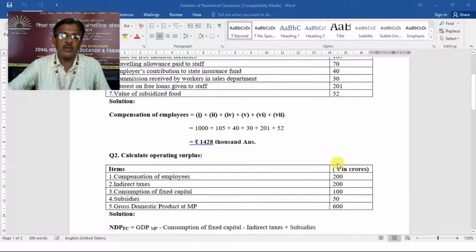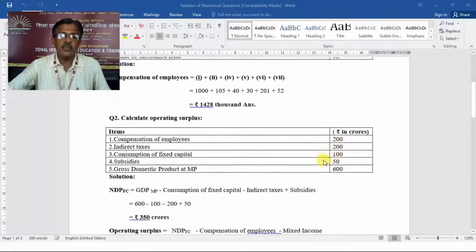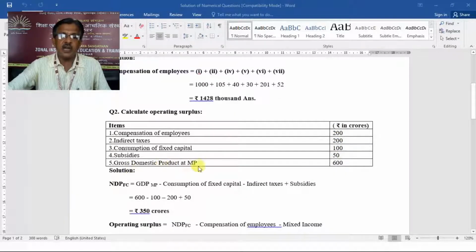Then calculate the operating surplus. You see here the GDP at market price is given. From GDP at market price, if you deduct the depreciation, you get the NDP at market price. From NDP at market price, if you deduct the net indirect tax, that is indirect tax minus subsidies, here it is bifurcated in this way. From market price, if you deduct indirect tax, then you get the factor cost, and subsidies are to be included in the factor cost.